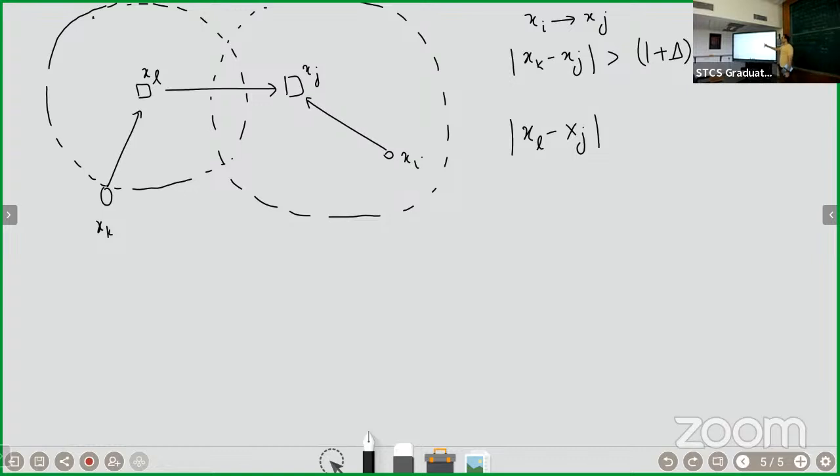See, this condition directly doesn't tell you how much area is occupied by each successful transmission. But if I can control this, then I can precisely tell you that any two successful receivers have to be at least so far apart.